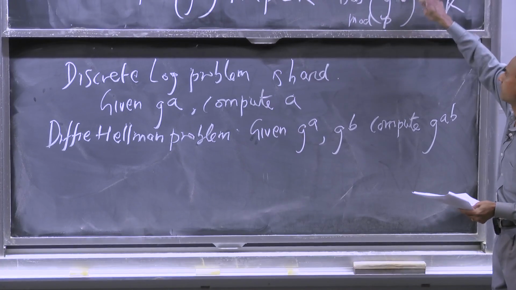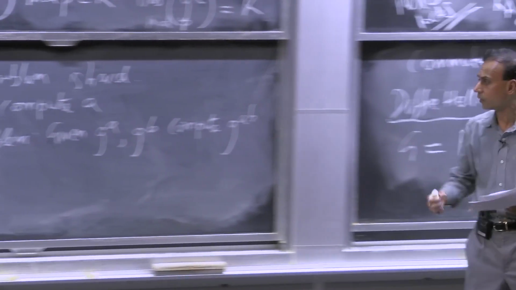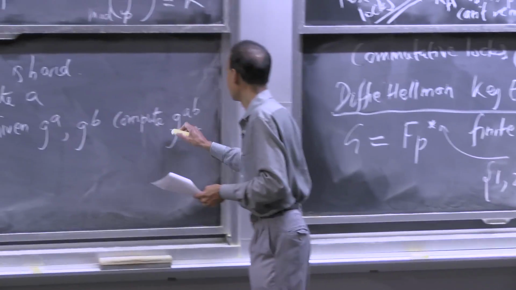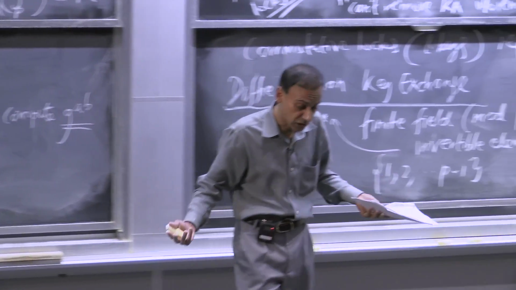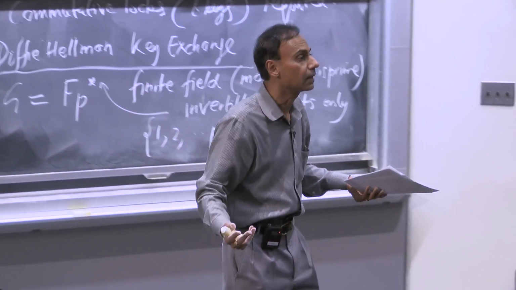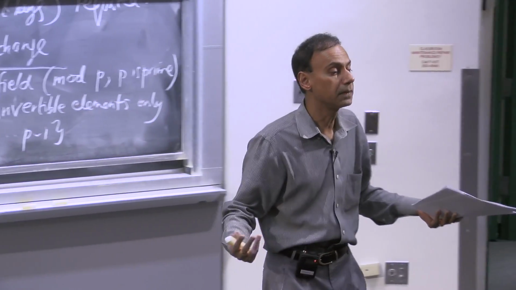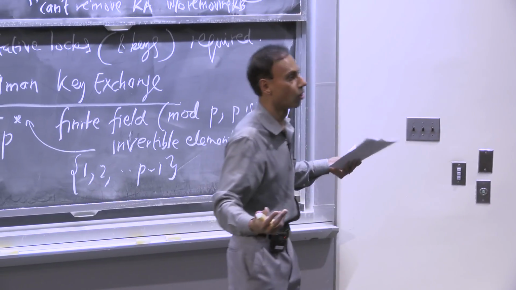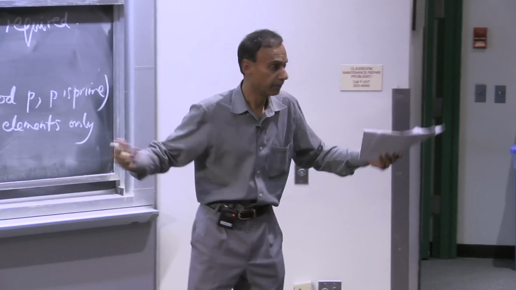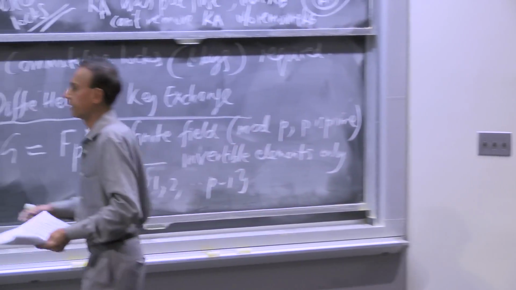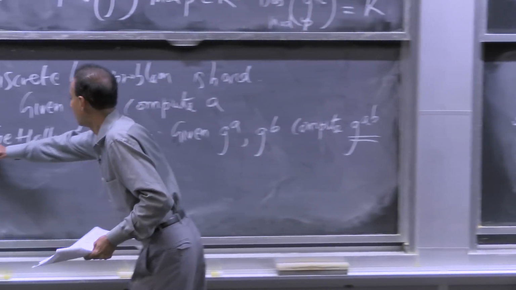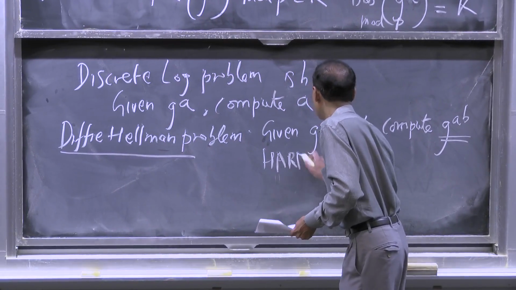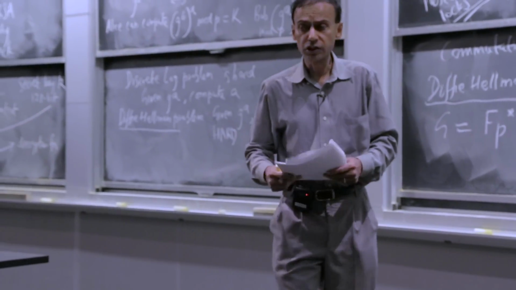G of A raised to B is G of A times B. So given those two things, if there's a way of computing G of A times B, even though you potentially haven't discovered A and B precisely, G of A times B is the secret key that Alice and Bob exchanged. So if Mal can do this, you're toast. So there's two things going on here. You want the Diffie-Hellman problem to be hard, and you want the discrete log problem to be hard.